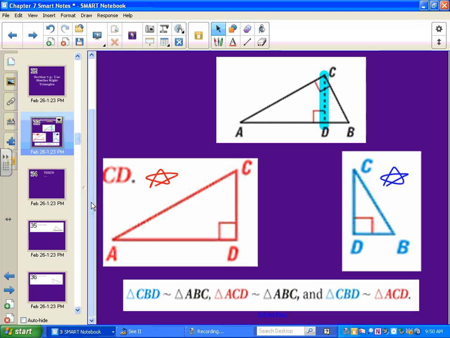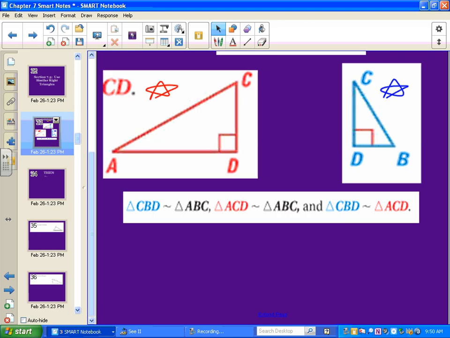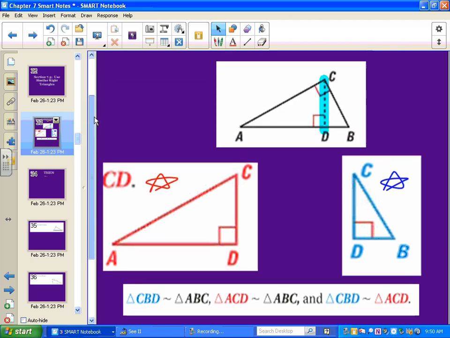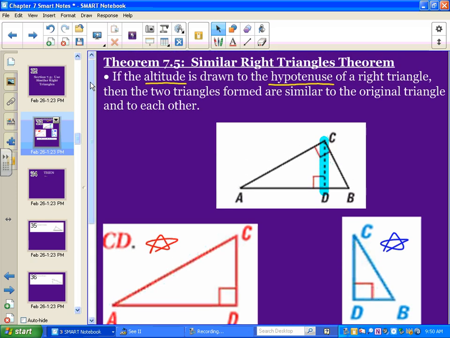According to this theorem, all three are similar to each other. Triangle CBD is similar to triangle ABC, triangle ACD is similar to triangle ABC, and triangle CBD is similar to triangle ACD. If they're all similar, all their corresponding angles are congruent and all their corresponding sides are proportional.